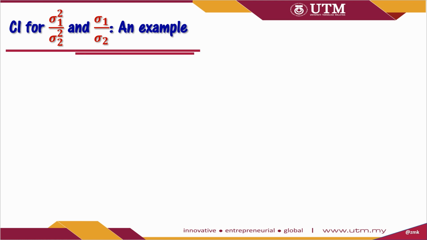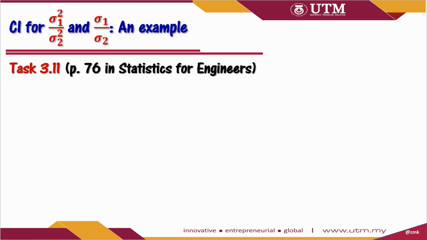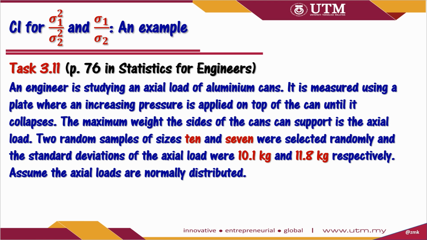Please refer to task 3.11 in page 76 of Statistics for Engineers textbook. An engineer is studying an axial load of aluminium cans. It is measured using a plate where an increasing pressure is applied on top of the can until it collapses. The maximum weight the sides of the can support is the axial load.